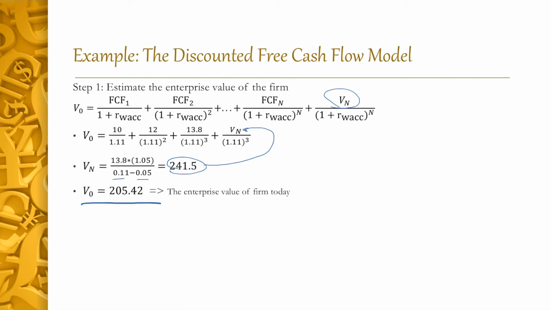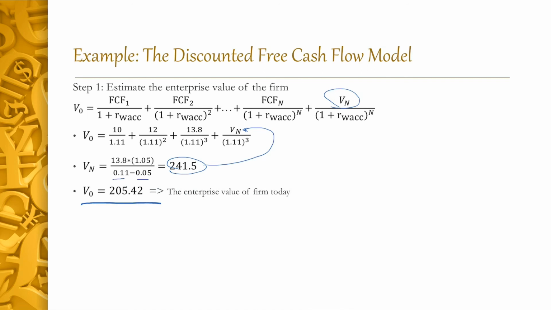To get the share price today, we need to take the second step. The second step is to calculate the price today using this formula. I'm going to add back the cash and subtract the debt from the enterprise value today to get the market value of equity today, and then I will divide it by the shares outstanding to calculate the price today.